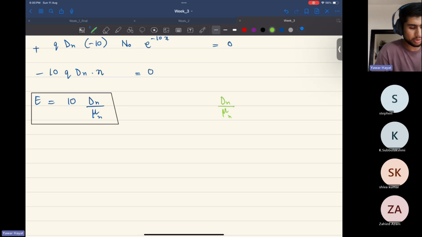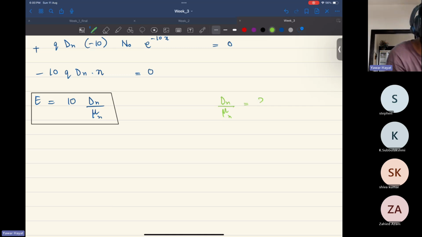These quantities Dn over mu n, Dp over mu p, you should try to remember these because they would come in handy, especially in solving problems on carrier concentration, doping, and other similar related problems. So Dn by mu n is, just a second, your Dn by mu n is kT over q, right?